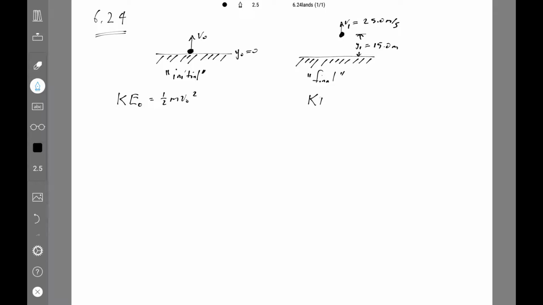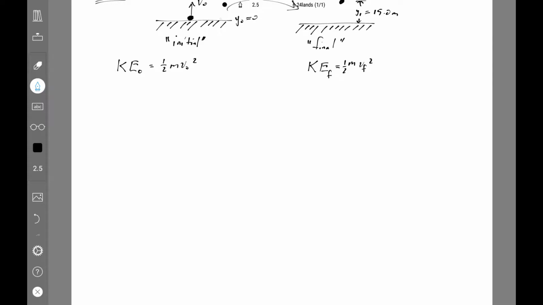And then what describes the final state of the rock will be a final kinetic energy. Eventually, we'll be adding more to these ideas of initial state and final state. And the thing that gets us from one state to another is basically the influence of a force, and that force is gravity.